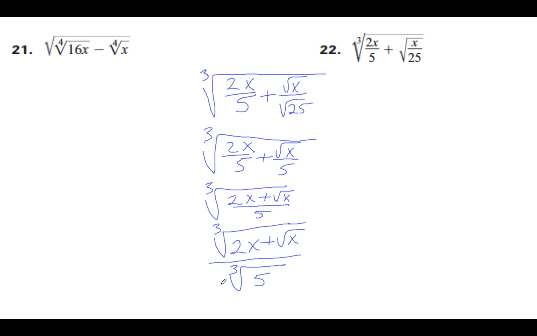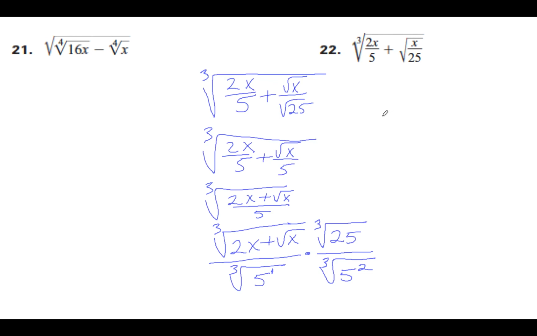Not allowed to leave radicals on the bottom, so it's a cube root. We're going to rationalize the denominator. So what I got to do is, if this is 1/5, I got to add 2 more 5s in here. Now, you can write it as 5 squared, or you can just write it as 25.